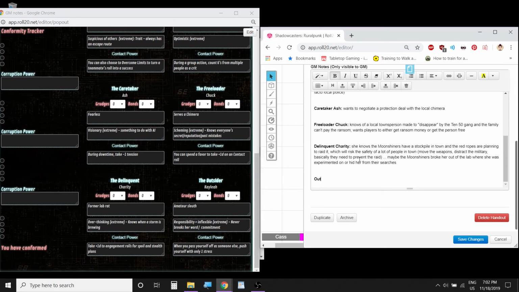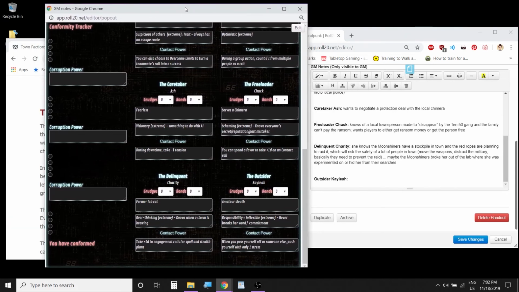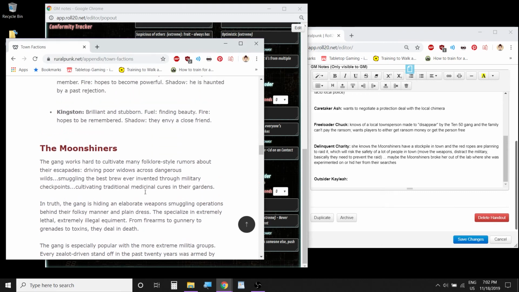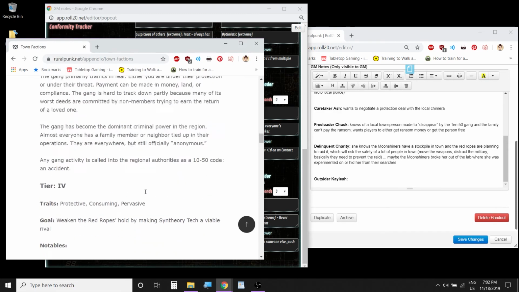So our very last one is Outsider Kalia. And for this, we know that she's an amateur sleuth. We know that she's very inflexible when she makes a contact. We know she thinks Scout should just settle down. What would our amateur sleuth find out?